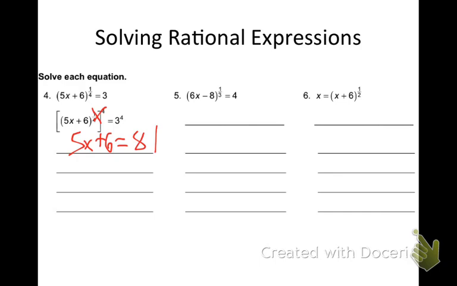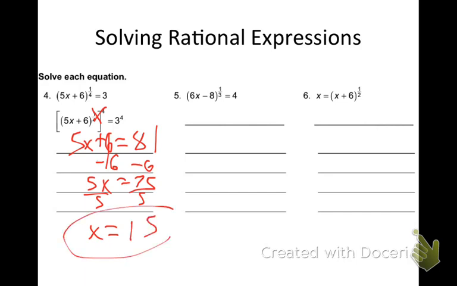Yep. And now I solve for x. So I'm going to subtract 6, getting 5x equals 75. Divide by 5, and I end up with x equals 75 divided by 5, which is what, Tiana? 15. Nice job.